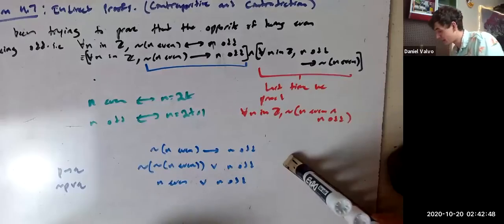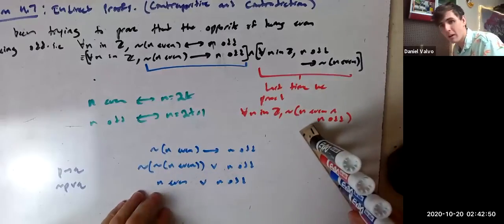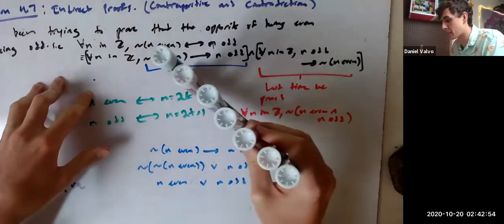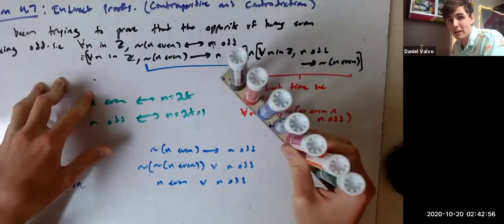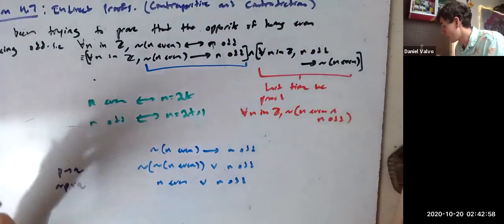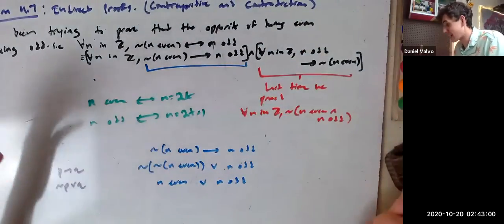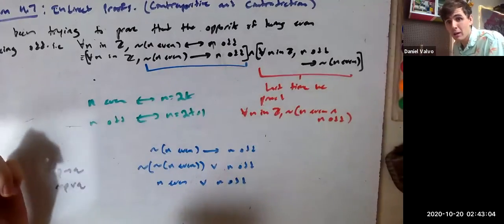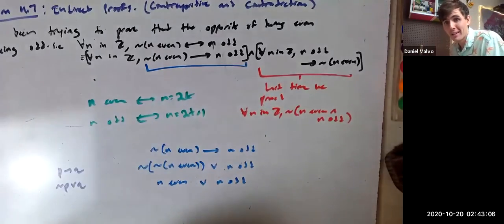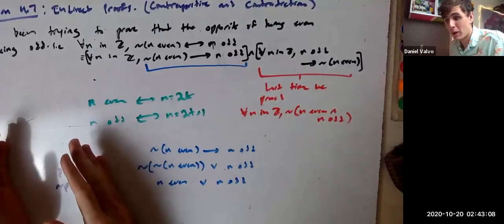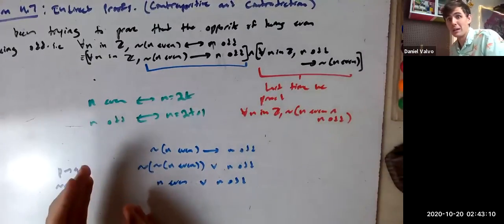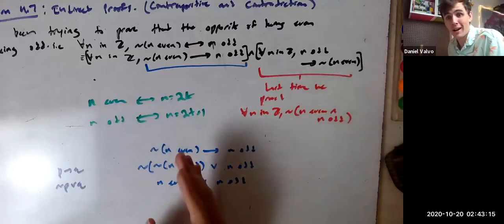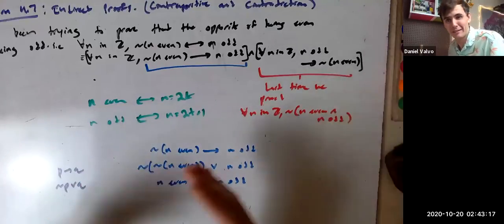Does that make sense? And these two facts together are all we need, right? The idea of saying the opposite of n being even is n being odd, like this original biconditional here, is the same thing as saying that every integer is either even or odd, but not both. Because then if n's not even, it's got to be even or odd, but it can't be even, so it's got to be odd.